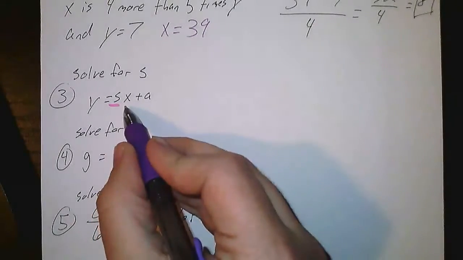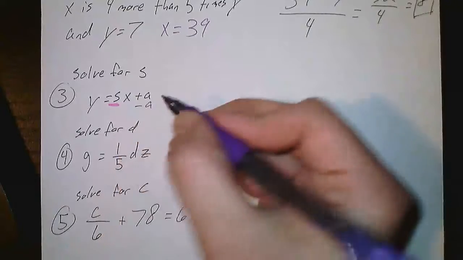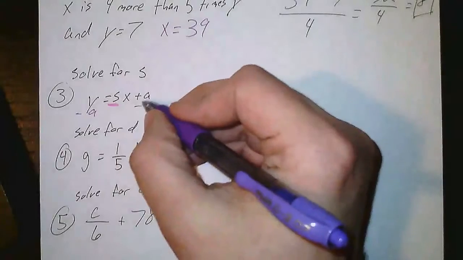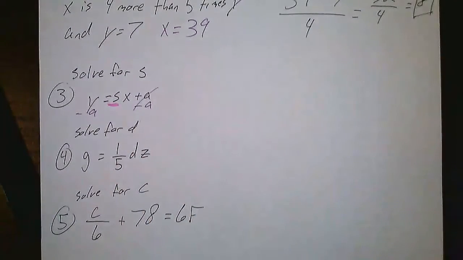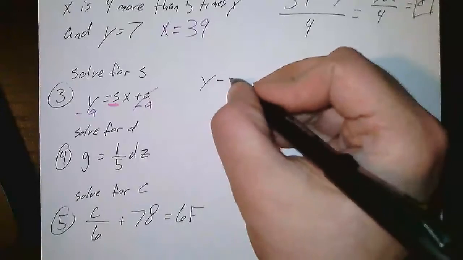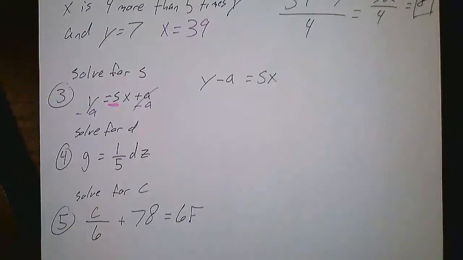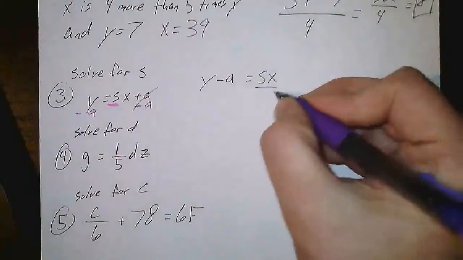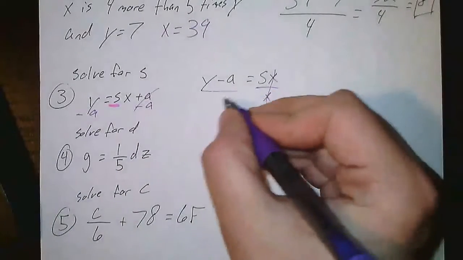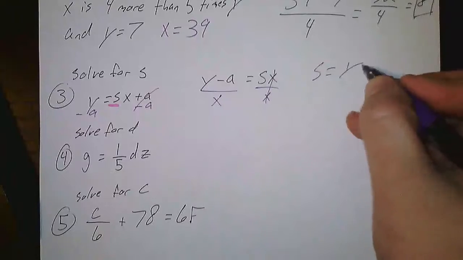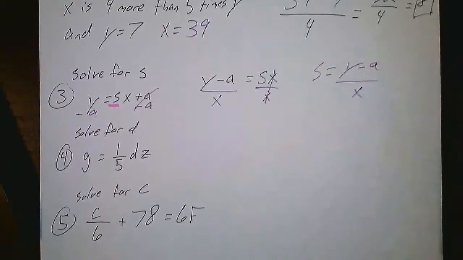So I want to get Sx by itself by subtracting a from both sides. A plus positive a minus a goes away, and we are left with y minus a equals Sx. And now we can get s by itself by dividing both sides by x. And that's where we can stop. S is equal to y minus a over x.